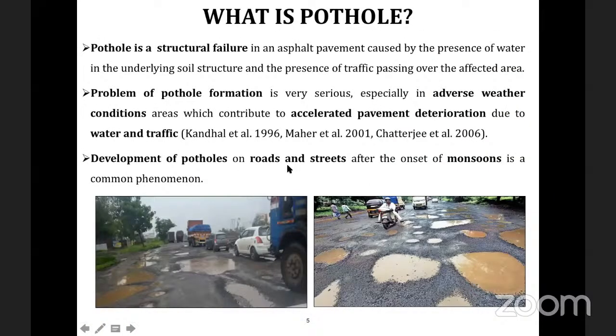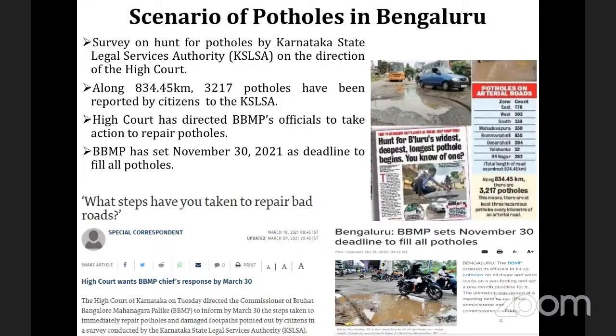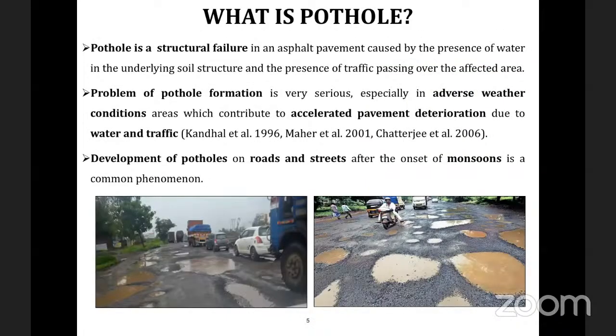So this is the scenario in India, or in Bangalore. I'm just talking about Bangalore because we stay here, and every year we see the deaths and what's happening there. So based on this, I'll put forward what a pothole is. A pothole is nothing but a structural failure. Why does it happen?